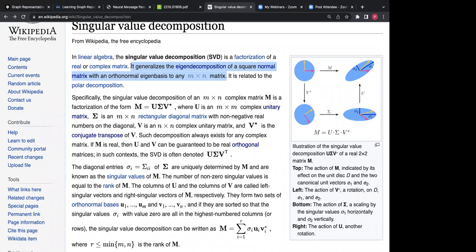If it's not square, you can extend the matrix with zeros on the diagonal, and you can also cut down the extra singular vectors on either side, right? Right, because the zeros you add essentially fall out again, since multiplication by zero is zero anyway. So yeah, exactly, you can always put it back to a square form.